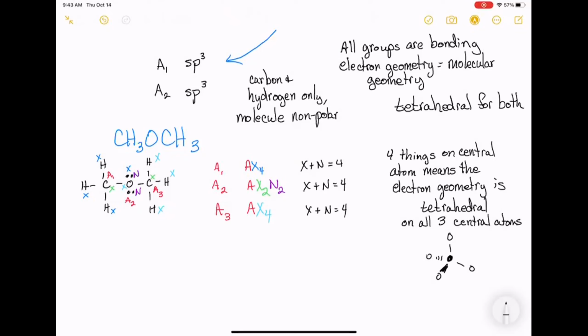Now to draw this thing. You have your carbon, and it is going to be tetrahedral. To the oxygen.